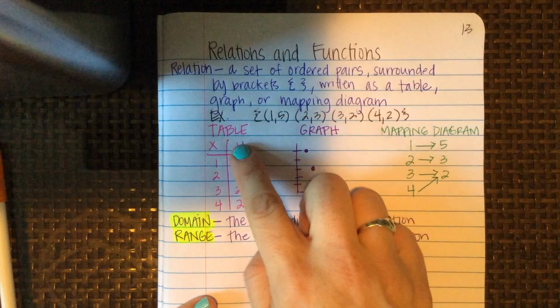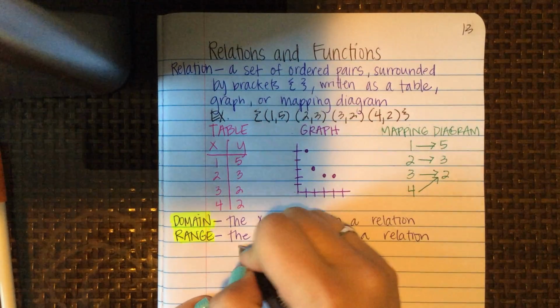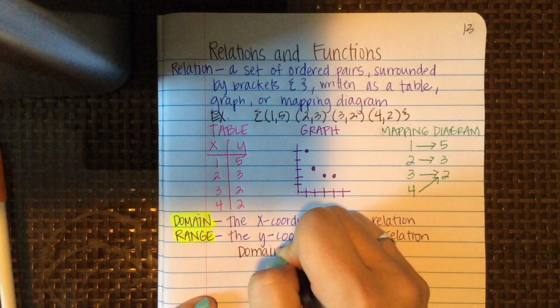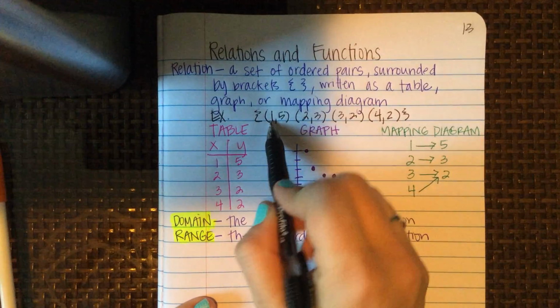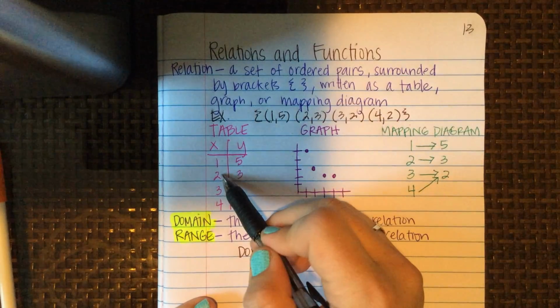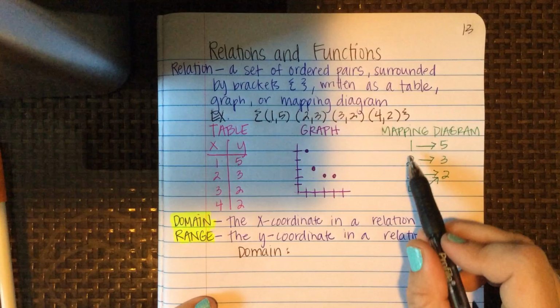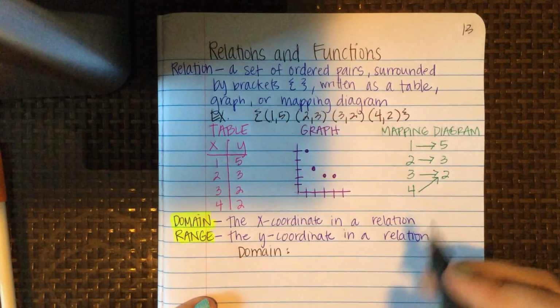So if I'm using this data set up here, the domain is 1, 2, 3, 4.